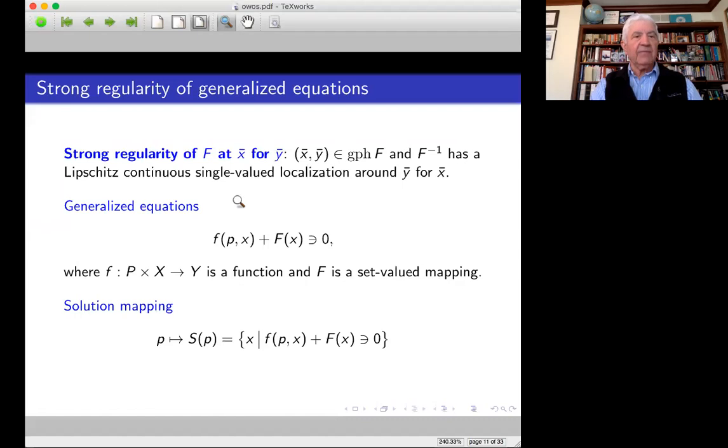And this property, that the inverse of the linearization has a single-valued Lipschitz localization, was called strong regularity, and it could be also stated for any set-valued mapping, capital F here, and nowadays it is called strong regularity of the mapping F. This is a regularity property of the mapping F. Following Robinson, who called the variational inequalities generalized equations, these inclusions are nowadays called generalized equations, where we have a function depending on a parameter, which could be nicely differentiable, and a set-valued mapping.